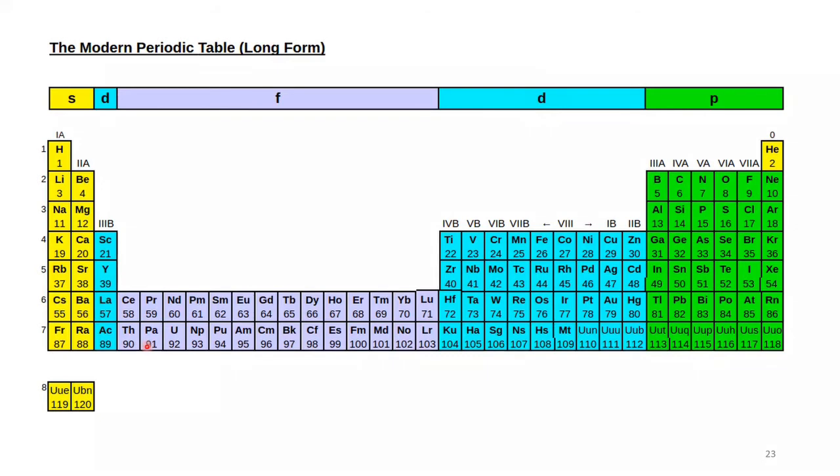And then for the f block, remember for the f, we have 7 orbitals. Each orbital can hold a maximum of 2 electrons, leading to a complete 14 electrons. So if you count, you will find 14 columns for the f block. So the number of electrons is reflected in the number of columns we have in this periodic table.